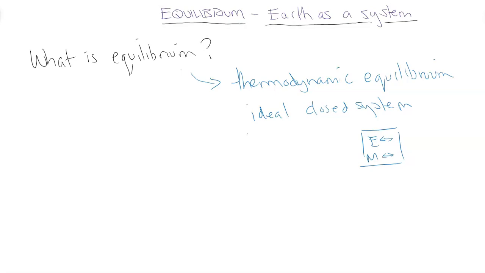So, according to the second law of thermodynamics, which is based around entropy and disorder, over time the system will become in equilibrium once it's given enough time. So let's say here's my graph.